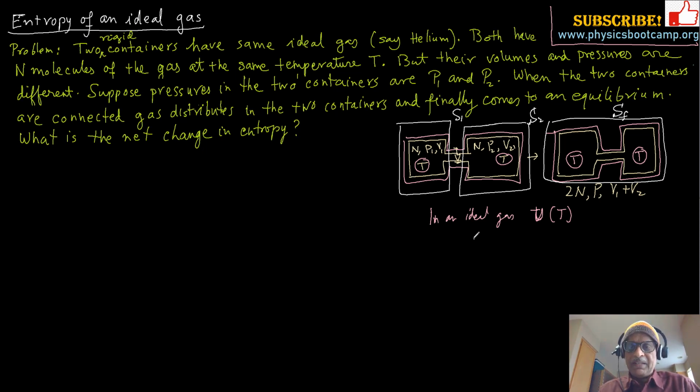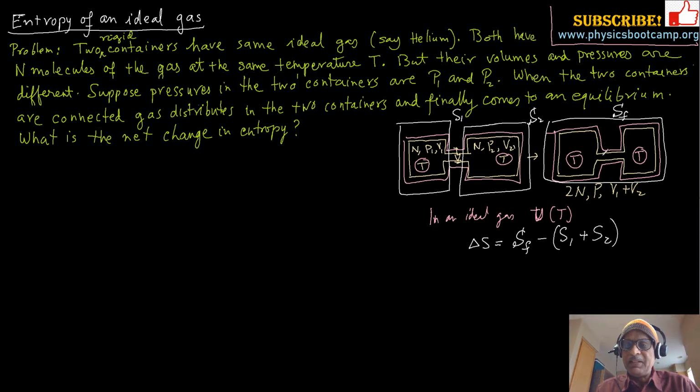So delta S we are looking for is S final system minus S1 plus S2. So that's the initial and that's the final, which means we need to have a formula for S.